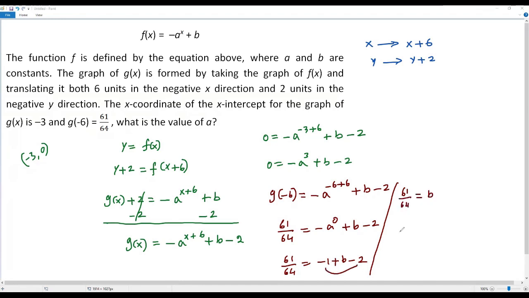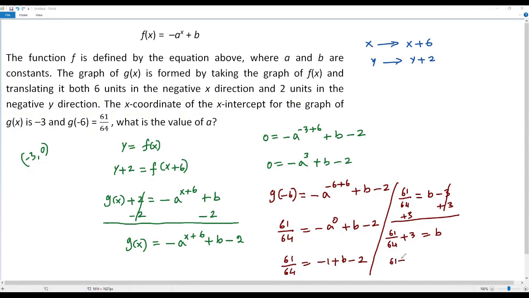When I combine -1 and -2, I am getting -3. Now let me add 3 to both sides of this equation. -3 plus 3 will cancel out. I am getting 61 over 64 plus 3 equals b. Here we add a fraction and an integer. When I add a fraction and an integer, I have to multiply this integer by this denominator, then we can take this 64 as a common denominator.